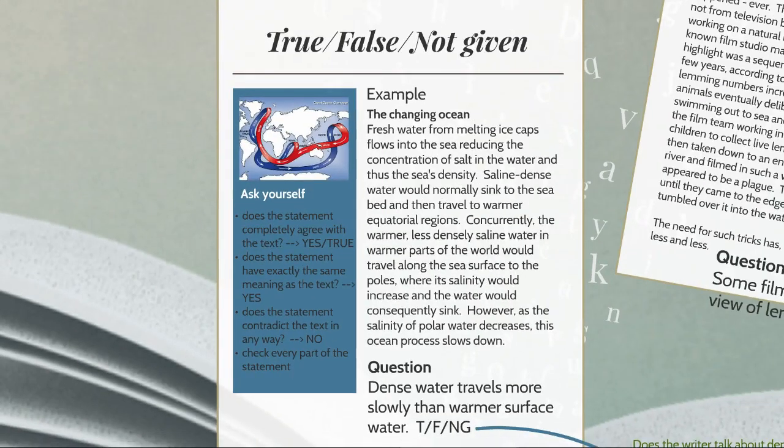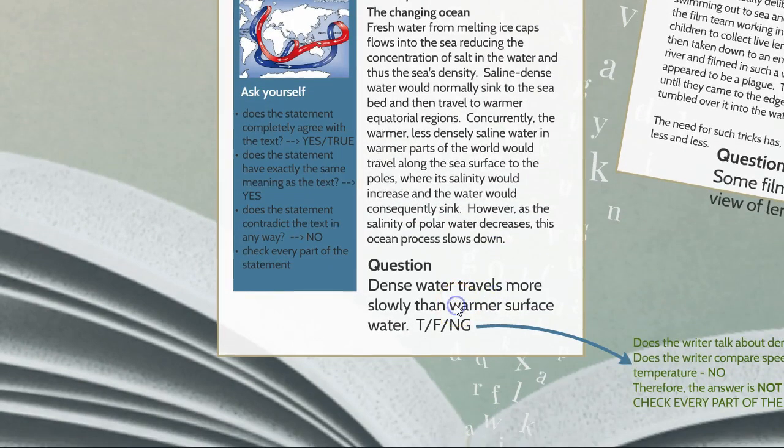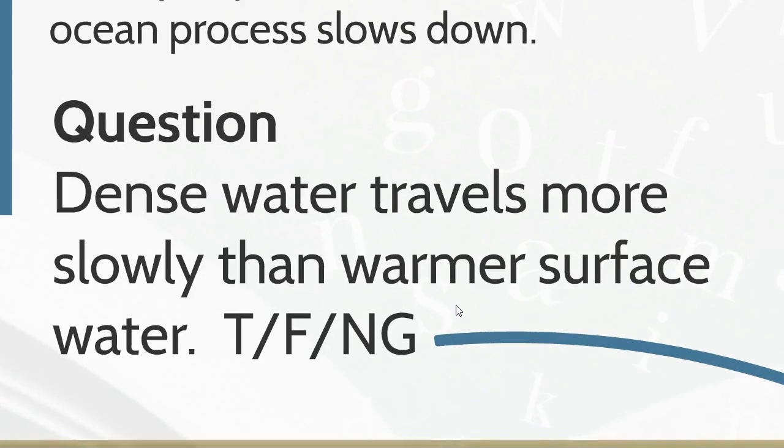Let's look at the first example. Just look at the question here. Dense water travels more slowly than warmer surface water. So imagine you're in the middle of the test.